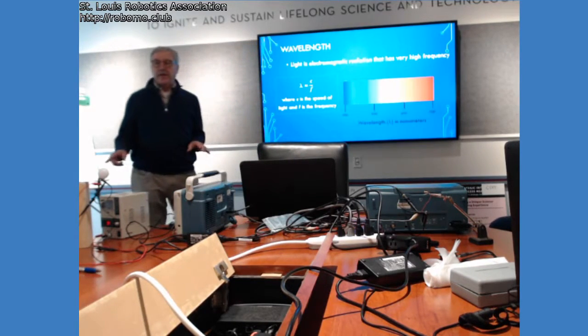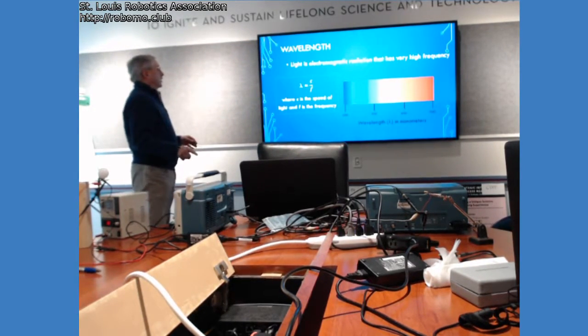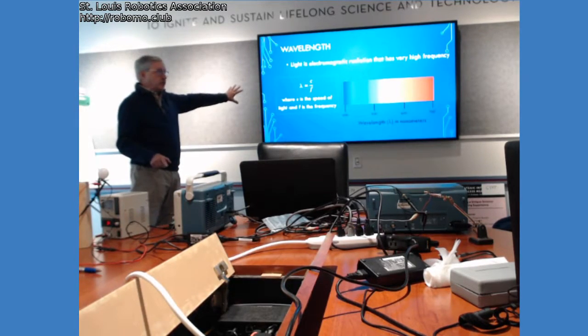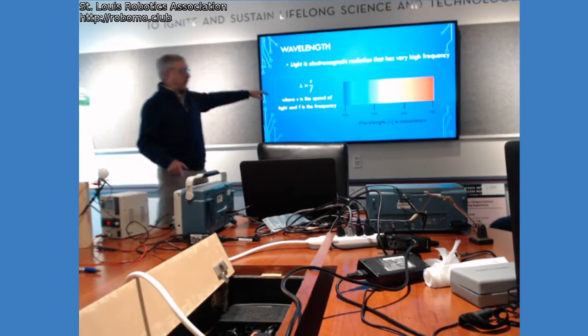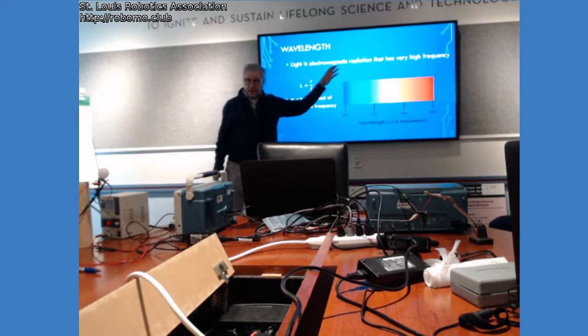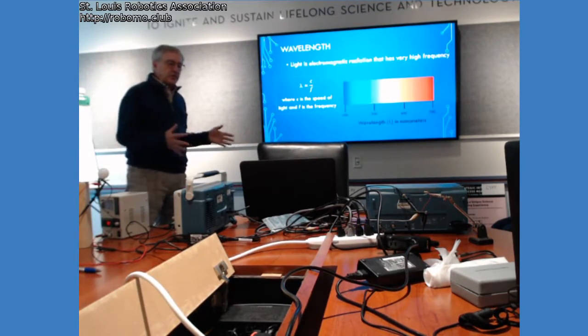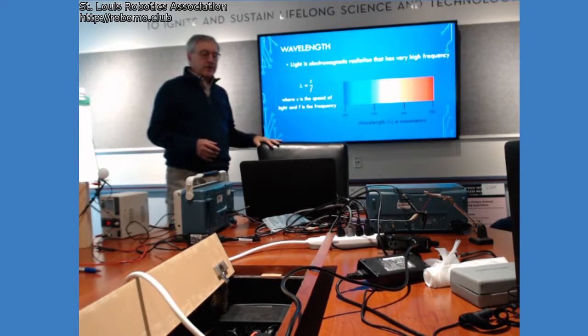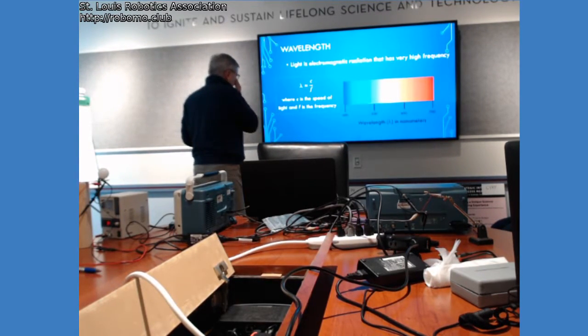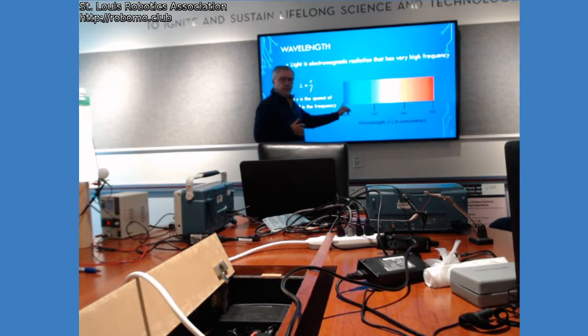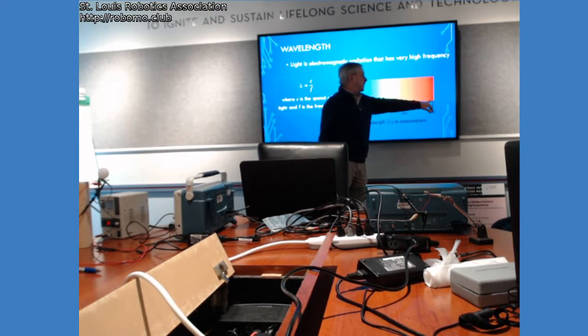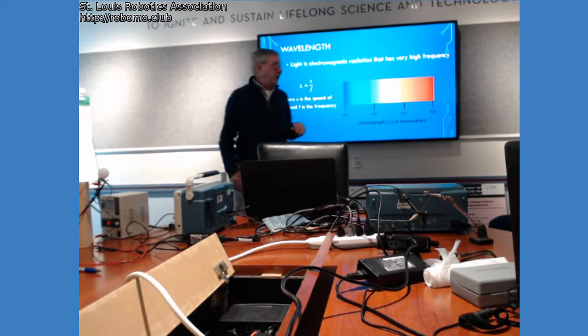Okay, so wavelength. This is just a technical definition. You don't have to worry about C over F or anything like that. But we will talk about wavelength, how it affects the response. The visible wavelength goes from 400 nanometers or thereabouts down here where the violet is, up to about 700 nanometers where the red is.